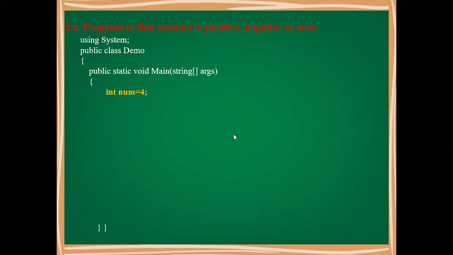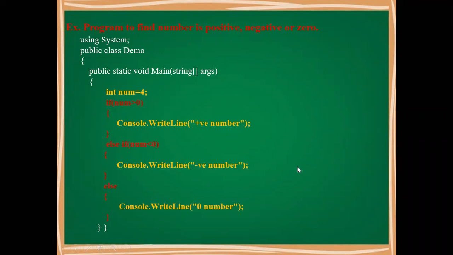We have again taken the same variable, integer number 4. The simple logic: if number is greater than 0, we write it is positive number. If number is less than 0, it is negative number. In the other condition, it is going to be number 0 itself, because only that condition is remaining. So in this way, we can use if else statement.